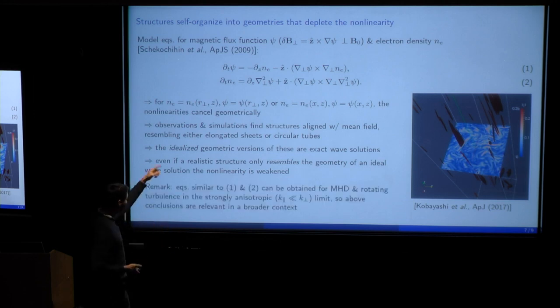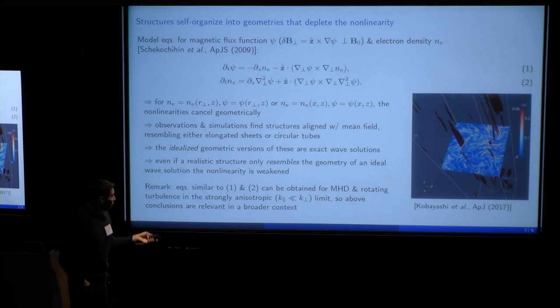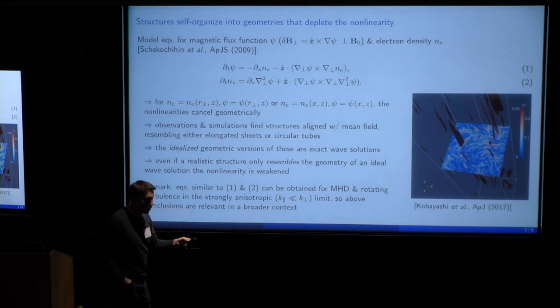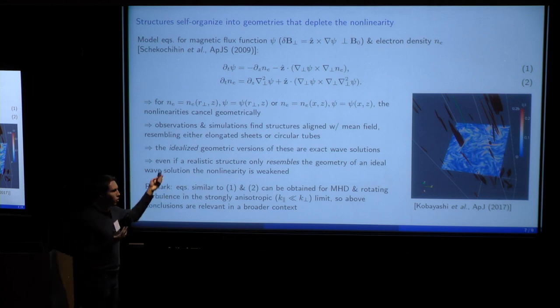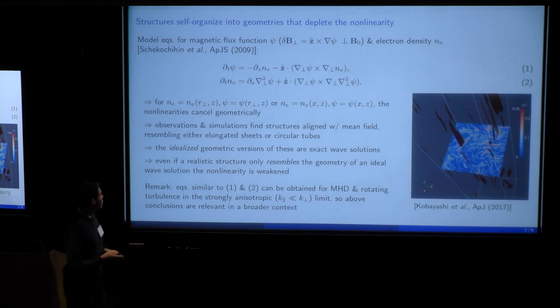And by the way, equations similar to this type can also be obtained for other systems in the strongly anisotropic limit, in particular for rotating turbulence or for MHD turbulence. So while these are very simple equations, can we actually find any evidence of this sort of thing in our data? So I went back to our data and I considered just the nonlinear term in the first equation.